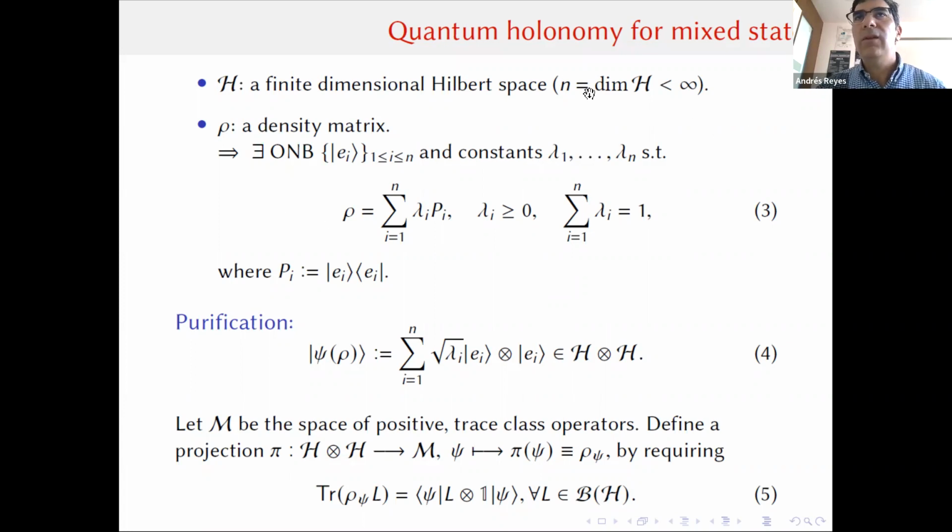In this case, let me consider a family of density matrices, like a path of density matrices. I would like to consider, for instance, closed loops of density matrices and ask whether it is possible to compute a kind of holonomy in that case.